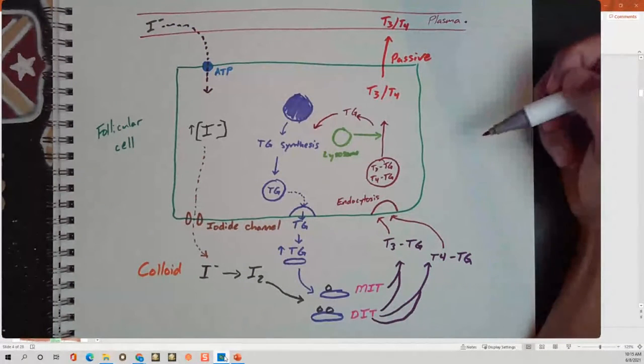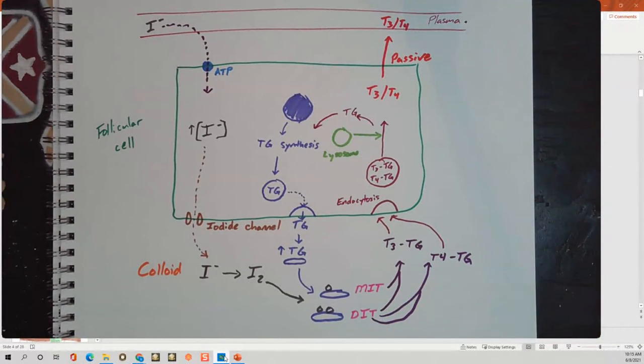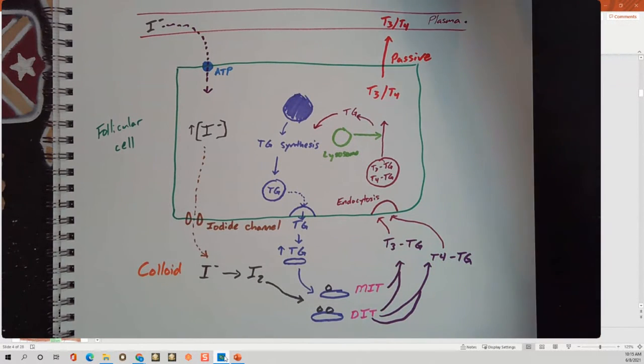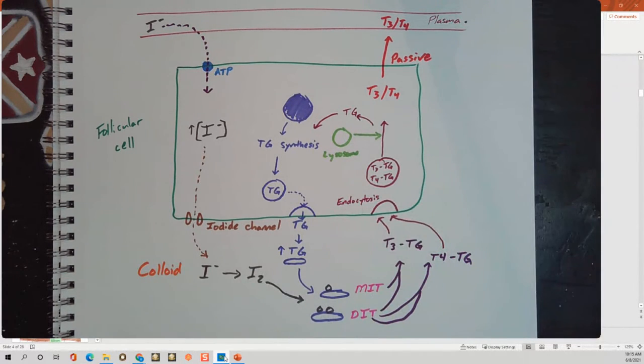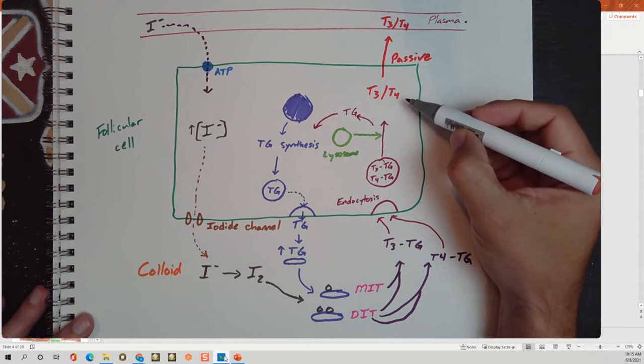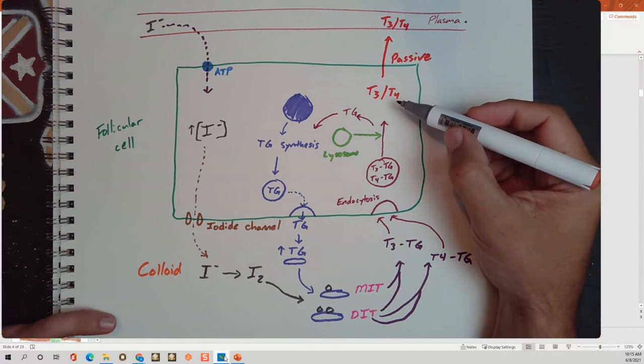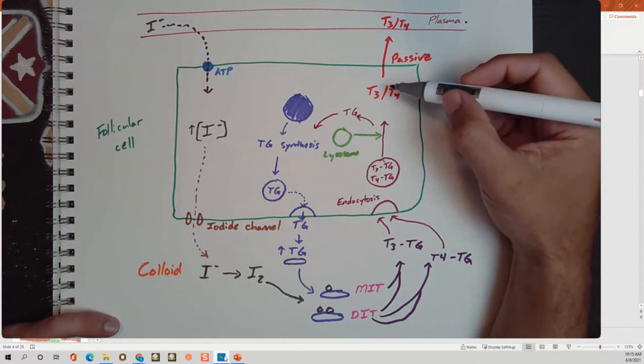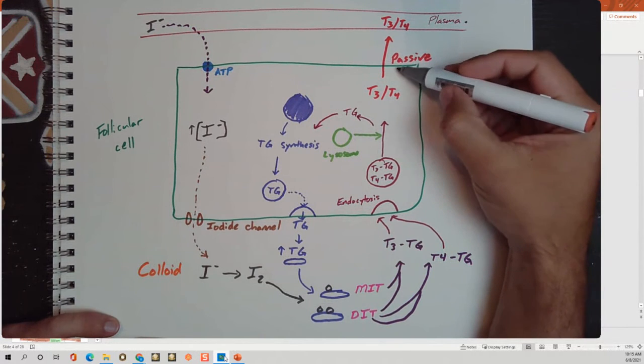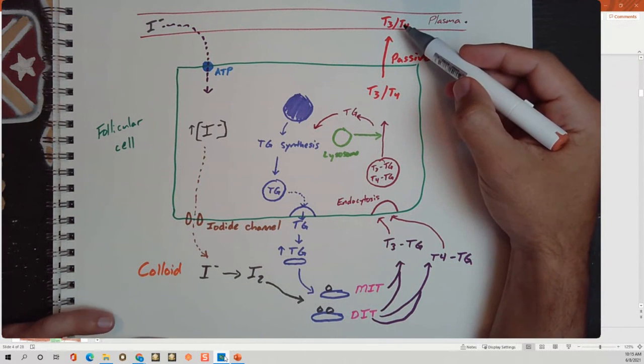However, once it's in the blood, can T3, T4 dissolve in your plasma? Yes or no? I know some of you are writing, and that's okay. I'll ask the question again. T3, T4, we've already established, is a non-polar biogenic amine. Therefore, it's basically lipid soluble and it can just passively diffuse through the cell membrane. But once it makes it into the blood, oil and water do not mix.